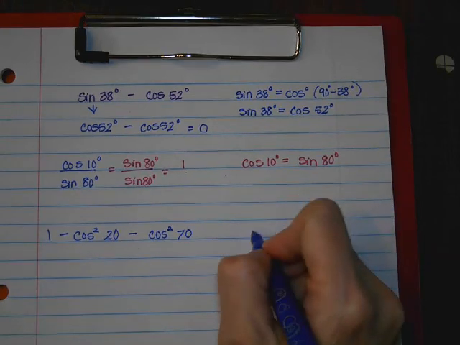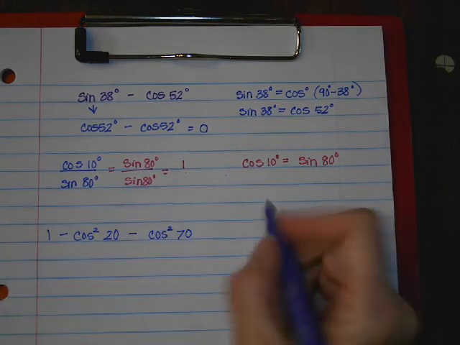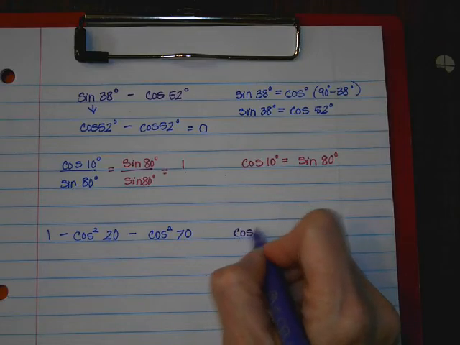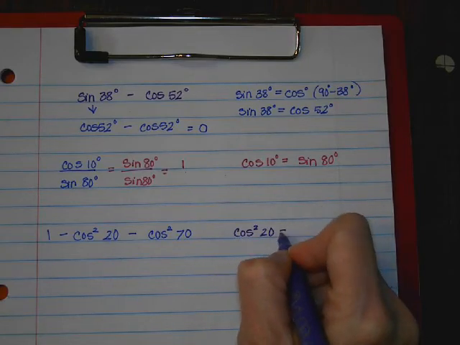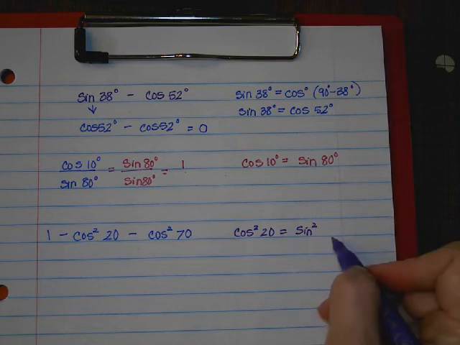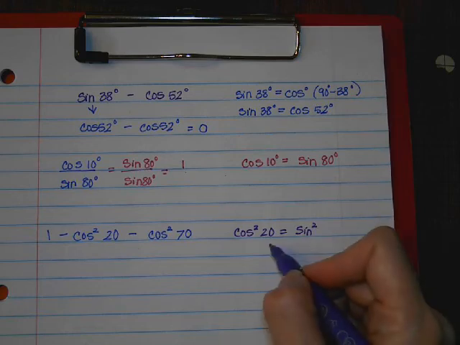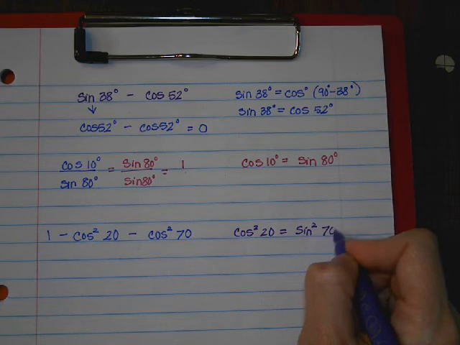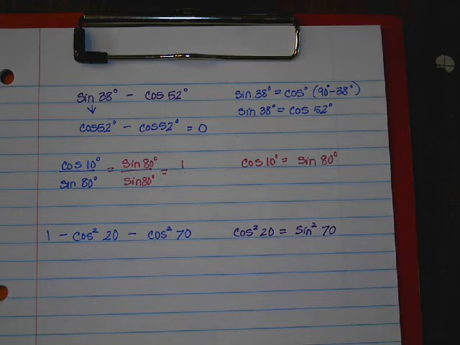So let's look at it this way. If we have the cosine squared 20, that would be equal to the sine squared of the complementary angle to 20. So 20 plus what is 90? That's correct, it is 70 degrees. Fantastic job.